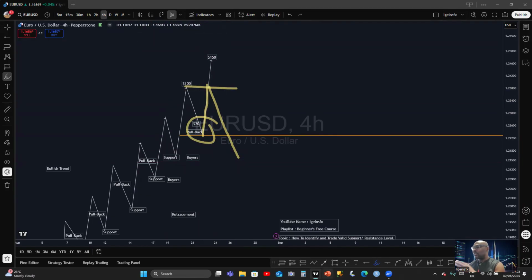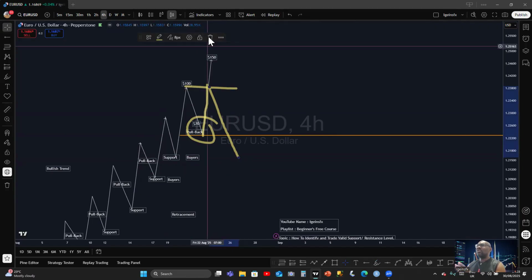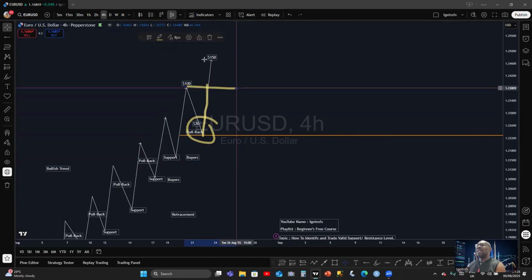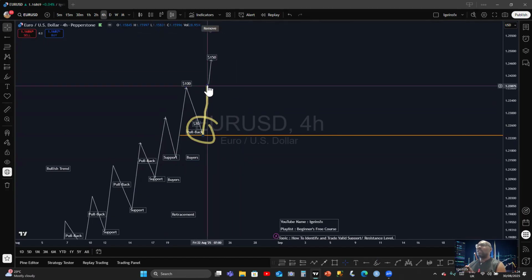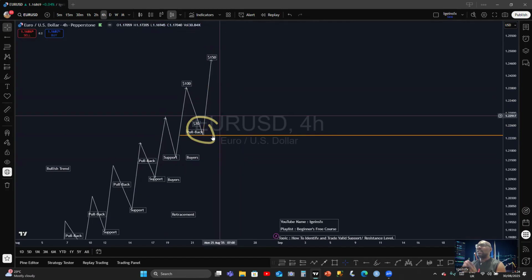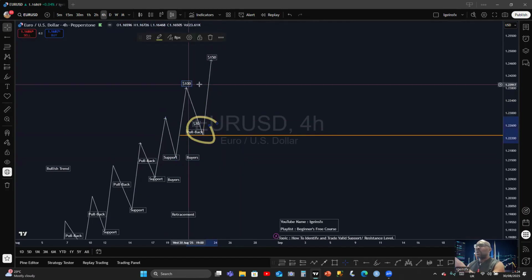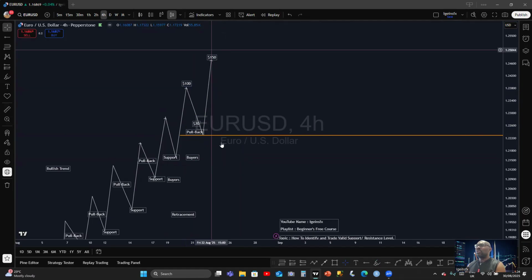As simple as that. I've already treated this. You understand this. So that is the worst that can happen, guys: price creating equal price or a double top.